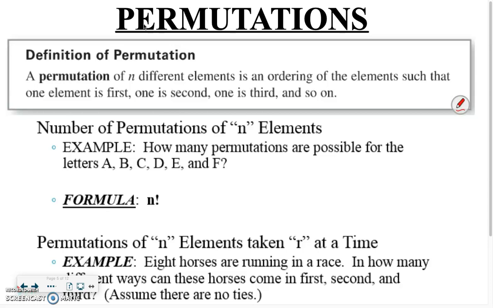By definition, we say that a permutation of n different elements is an ordering of the elements such that one element is first, one is second, one is third, and so on. Whether we're talking combinations or permutations, we have the population, and we're going to create a smaller subgroup.